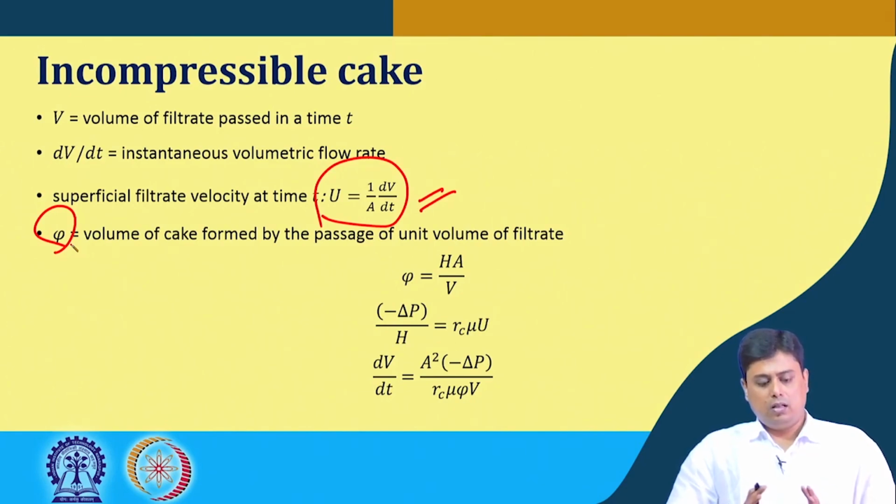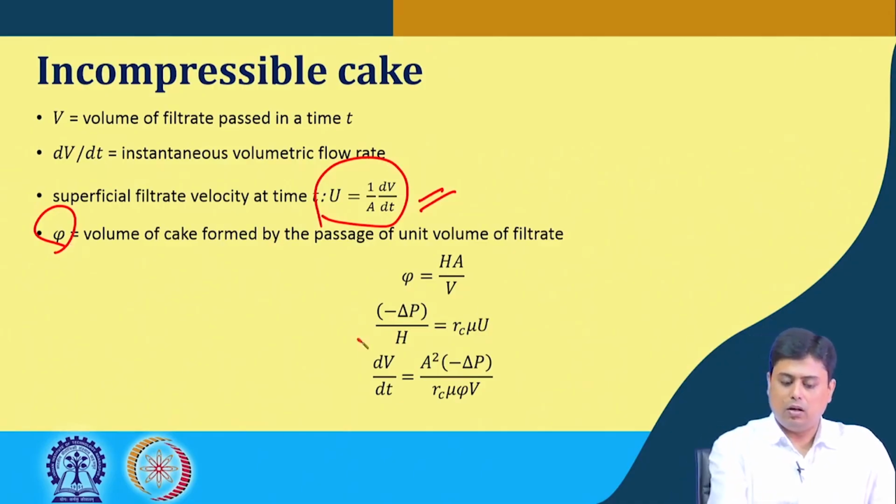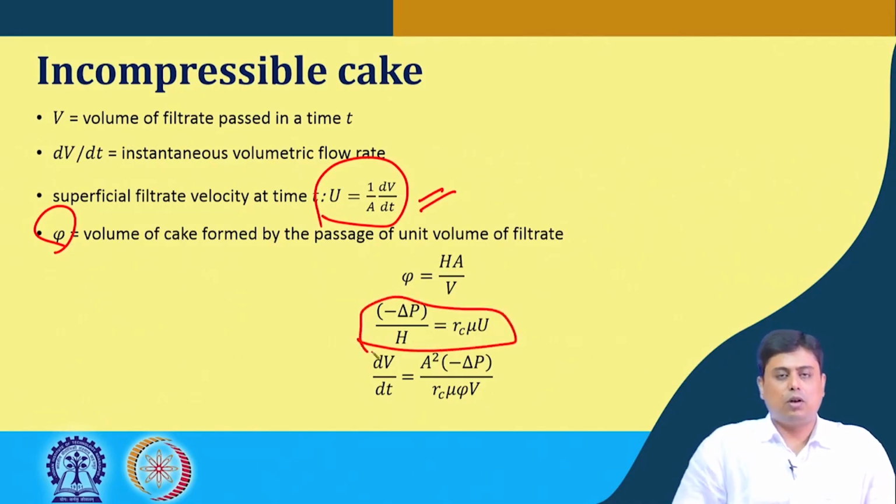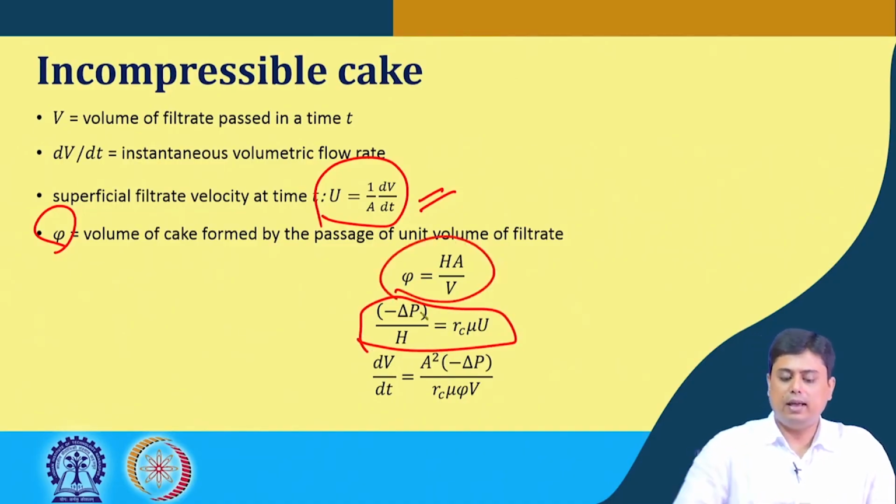That is, the amount of filtrate passing through the filter media forms a phi amount of cake material on top of this filter. We knew this expression from the Ergun equation. We now have the phi value.